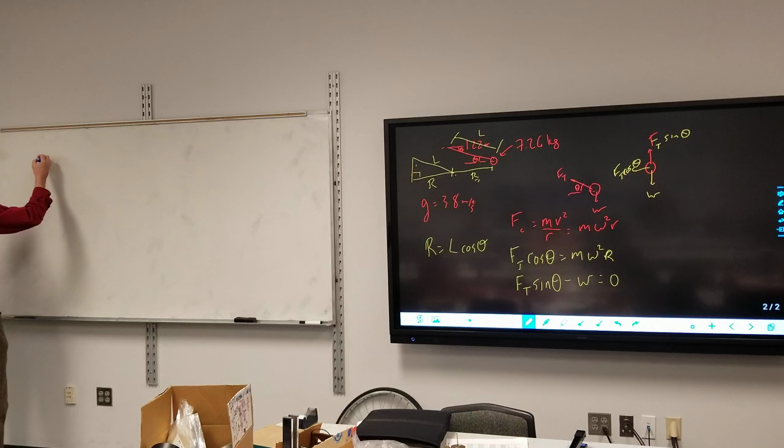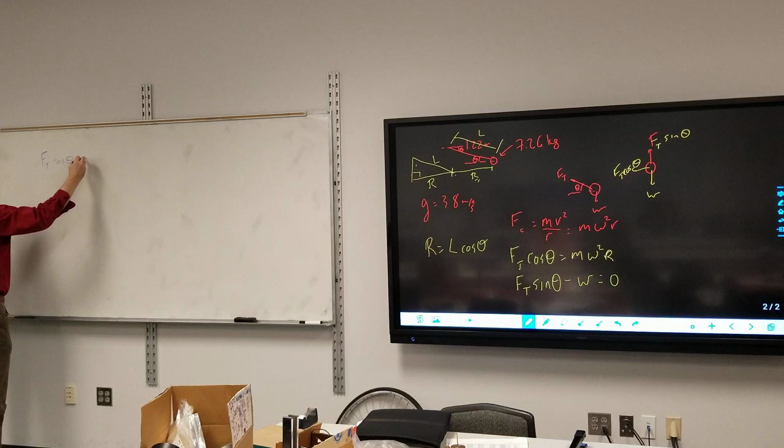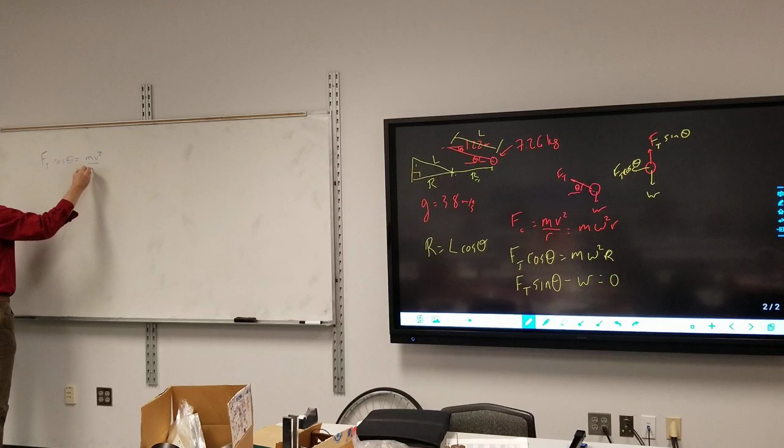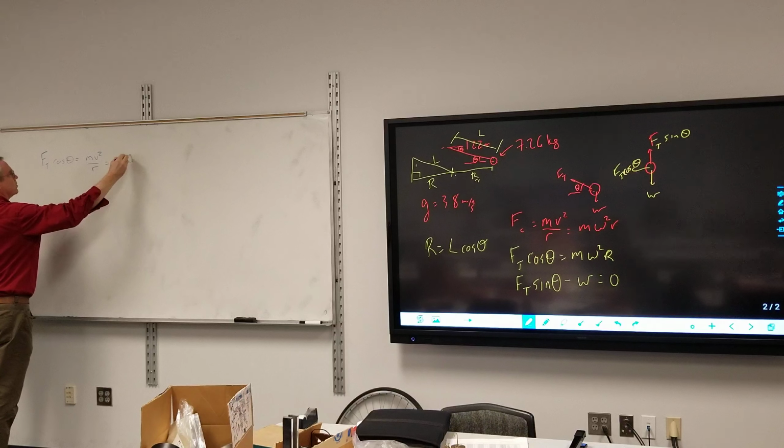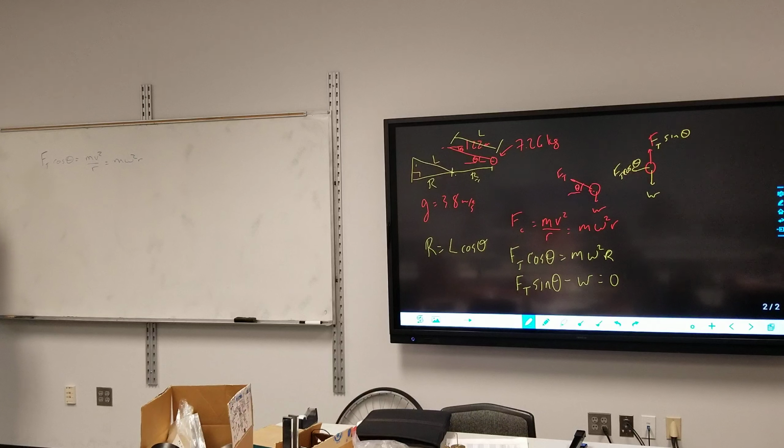Alright, so what do we know? I know FT cosine theta is equal to mv squared over r, which is equal to m omega squared r. I know r is equal to L cosine theta. So I can plug that into there.